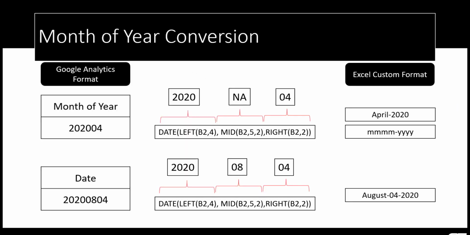To break it down for all of you, when you extract data from Google Analytics, it comes in a year and month format. However, our formula breaks it down into date: four characters from the left, that is 2020, gives us our year, and from the right, it will count two characters and convert them into dates as well.